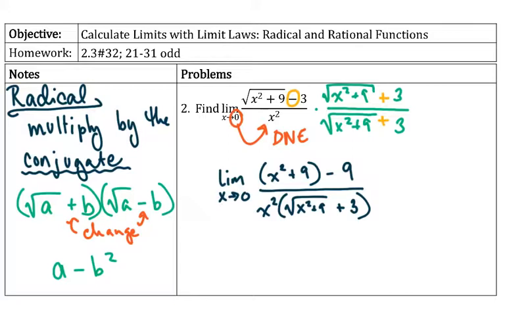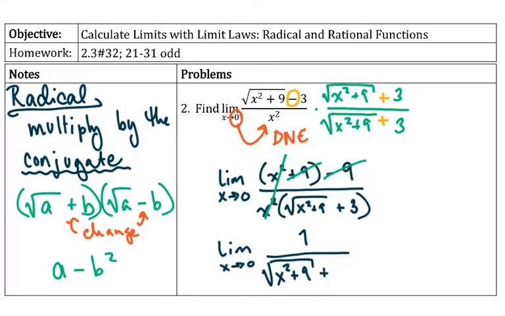Now, nice thing that happens here, plus 9 minus 9 cancels out. Oh, and we've got x squared over x squared cancels out. And we're left with our limit as x approaches 0 of 1 over root of x squared plus 9, plus 3. And then when we plug in 0 to this formula, we're not going to end up with a denominator of 0.